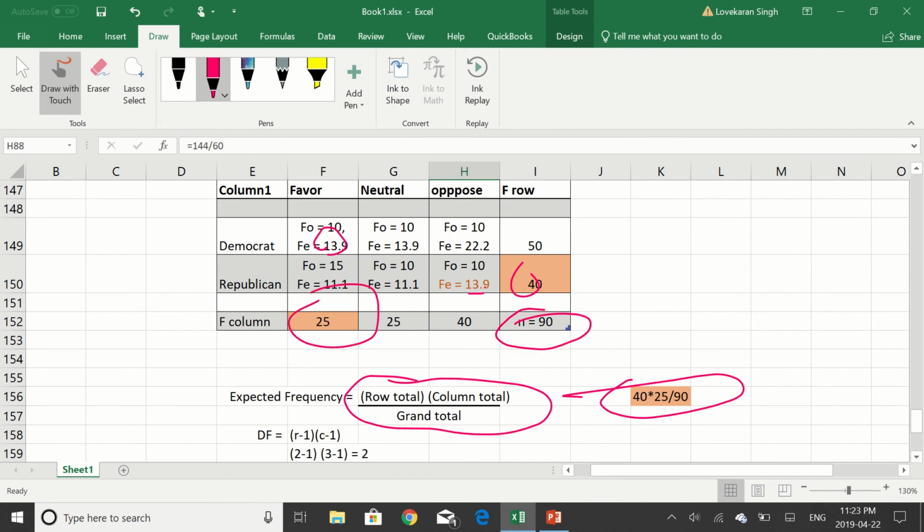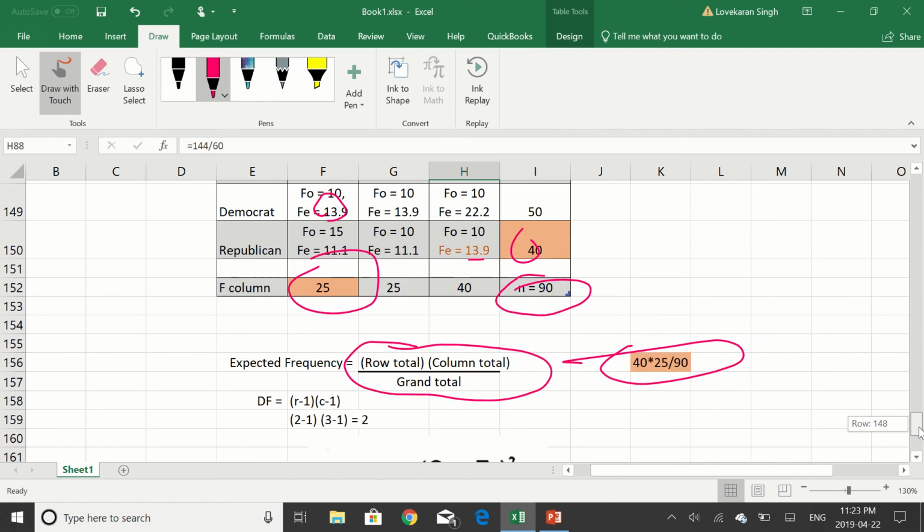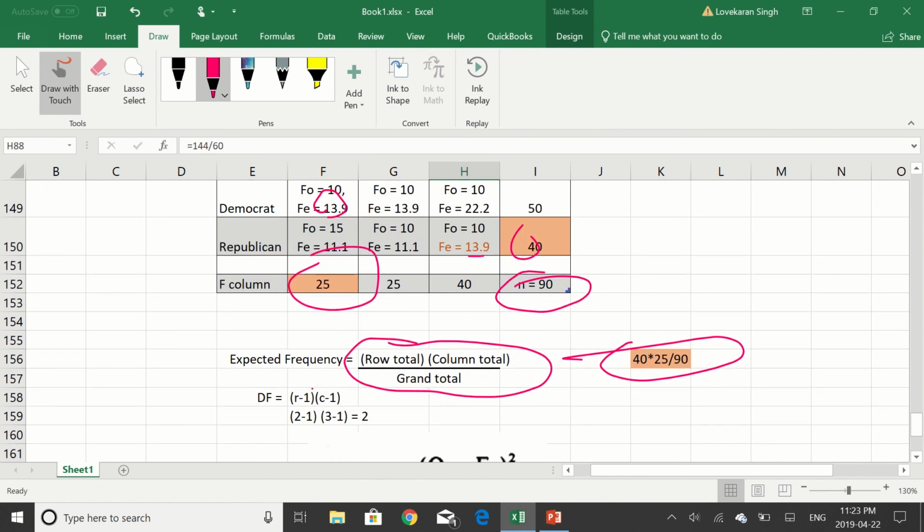We can find all the expected frequencies with the same formula. To find the degrees of freedom, we use number of rows minus 1 times number of columns minus 1. We have 2 rows and 3 columns, so we get 2.